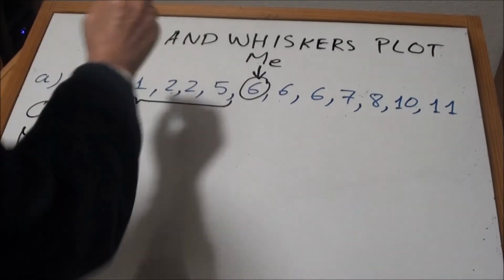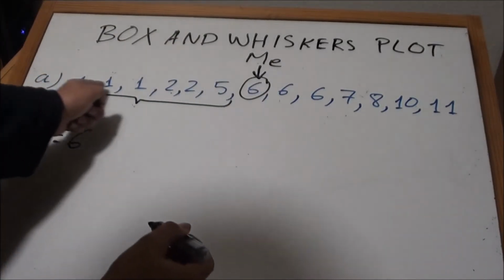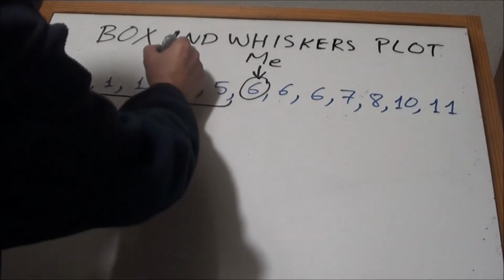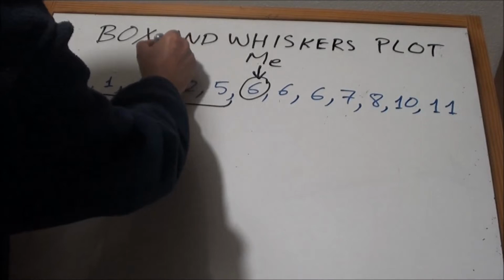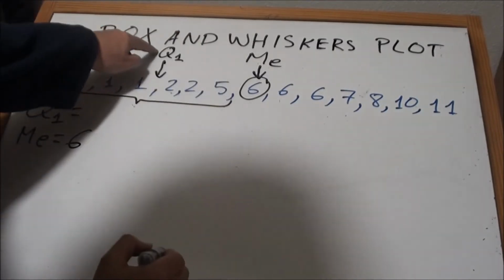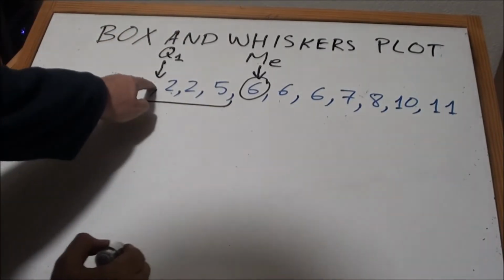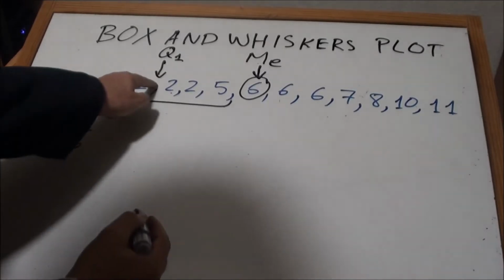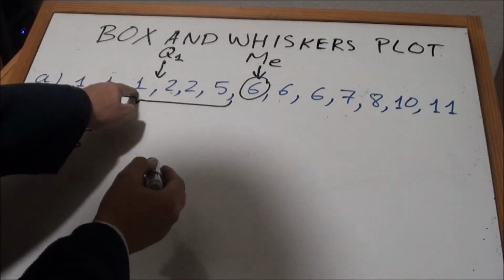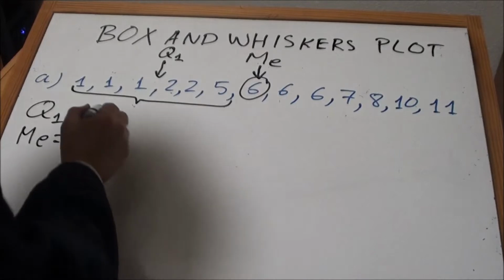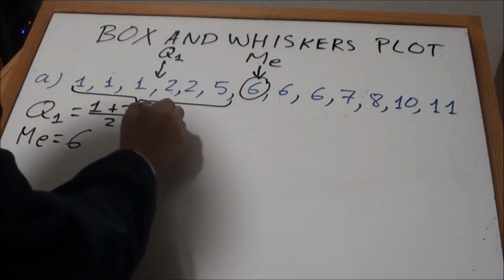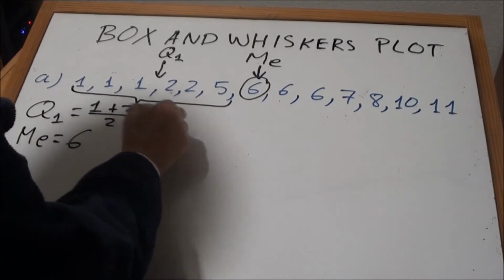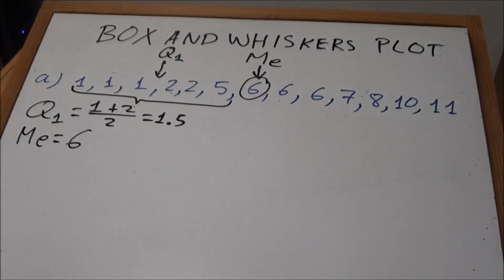The median is the data in the middle, but here we have 6 data. So the median, which is going to be the first quartile, should be here, but there's nothing here. So if there's nothing here, what we do is average these 2 numbers. So 1 plus 2 divided by 2 is 1.5. And the first quartile is 1.5.